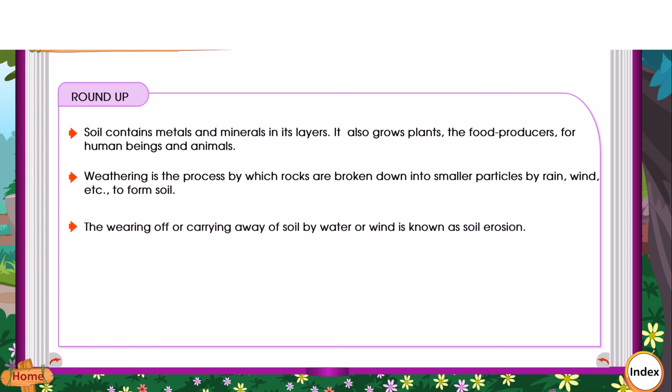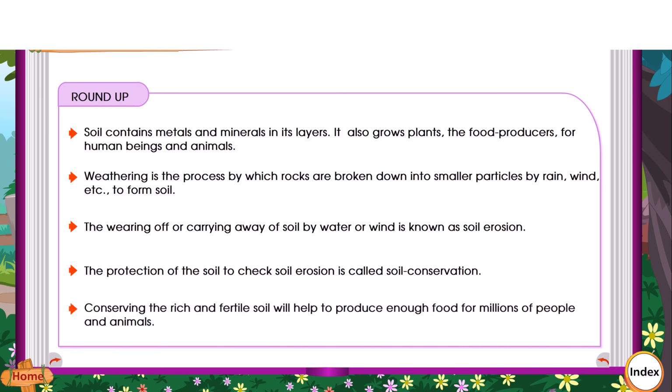The wearing off or carrying away of soil by water or wind is known as soil erosion. The protection of the soil to check soil erosion is called soil conservation. Conserving the rich and fertile soil will help to produce enough food for millions of people and animals.